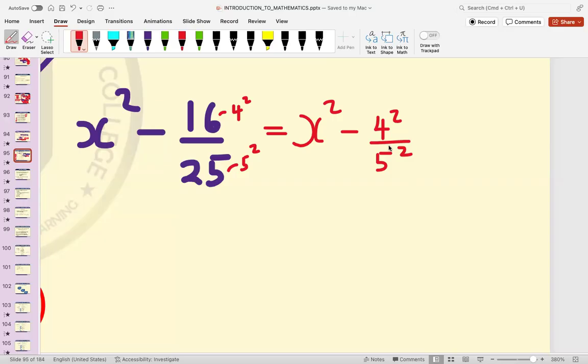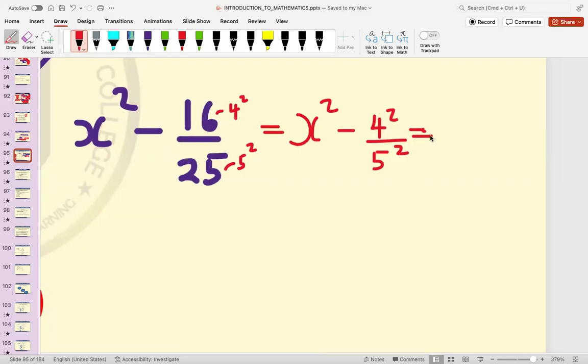One thing about algebra is that when you have 2 numbers in a fraction, the numerator and the denominator, and the numerator is squared and the denominator is also squared, that means you can package them in one bracket. In other words, this can be rewritten as x squared minus, because this and this have a square, we can bring a bracket, write the 4 and the 5 in, and then put the square outside.